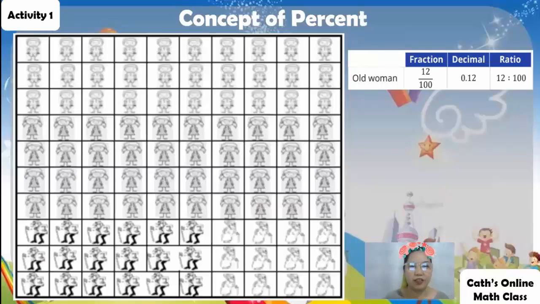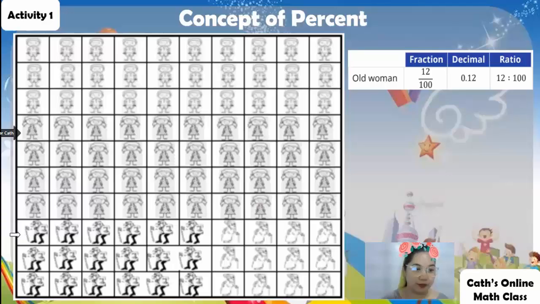Now let's take a look at this example. We have here a table or a chart wherein there are different characters on each block. Look at the blocks. These are boys, and these pictures are girls.